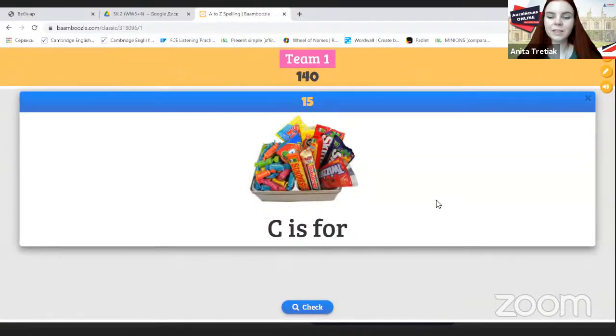The next one, C is for candy. Yeah, that's right.